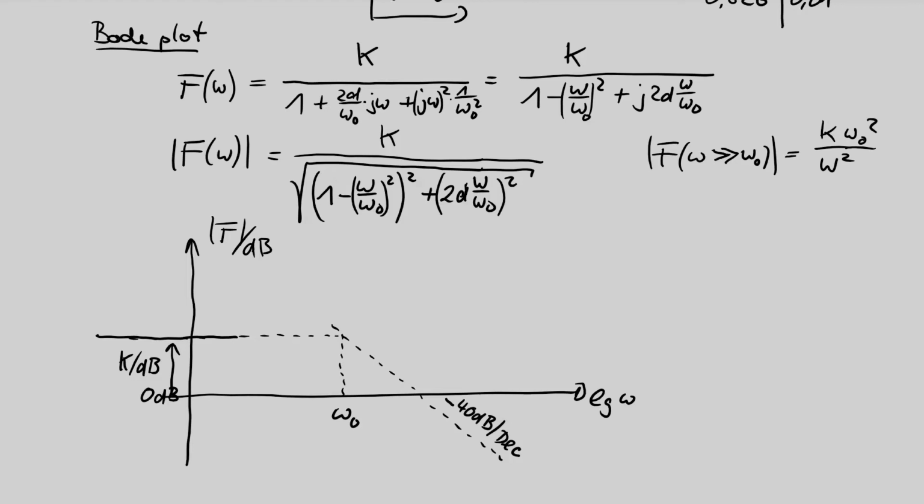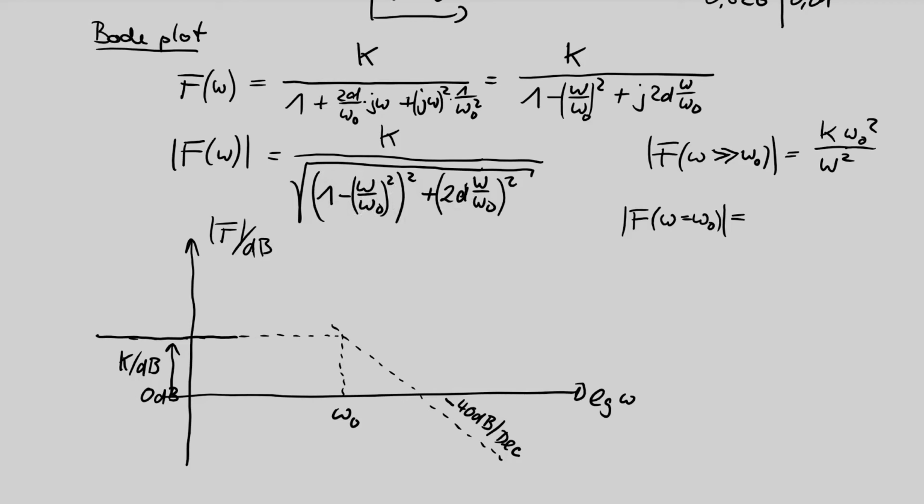And now we need another special value, which is f at exactly the natural frequency. This magnitude value can be calculated because the real part is 0. This is 1, 1 minus 1 is 0, squared is 0.